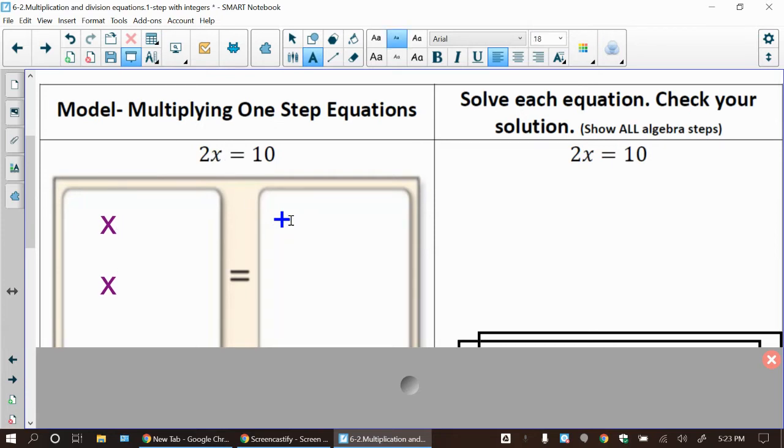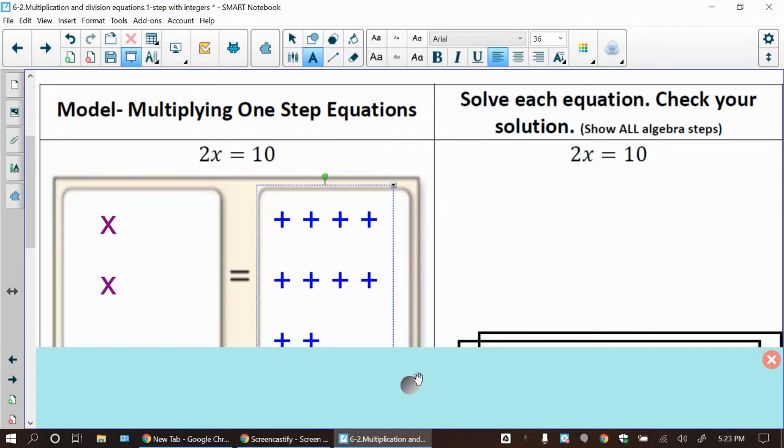And then it says I need 10 ones, or we can use our positive sign because it's a positive 10. There is 8, 9, and 10.